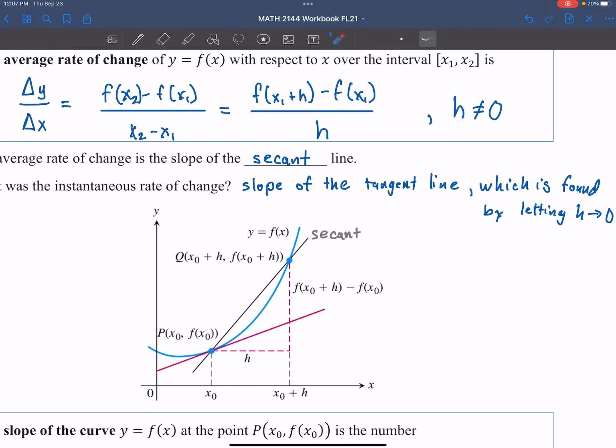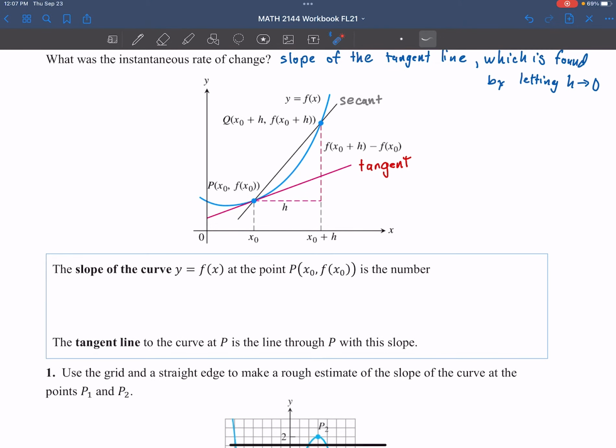And then if you consider the secant lines drawn by letting the distance between x and x plus h get smaller and smaller, we get this red line right here. And again, that red line is called the tangent line. So we already talked about this a little bit, but remember that the tangent line is the limit of the secant lines as h goes to 0.